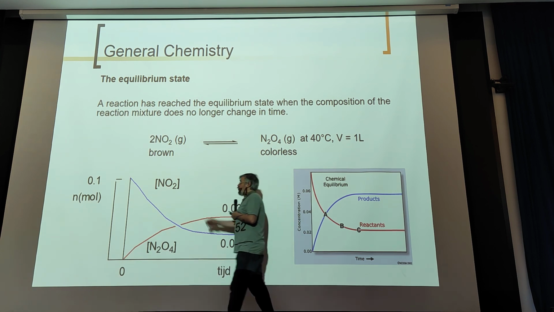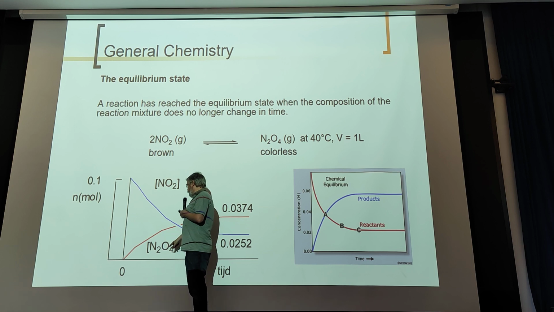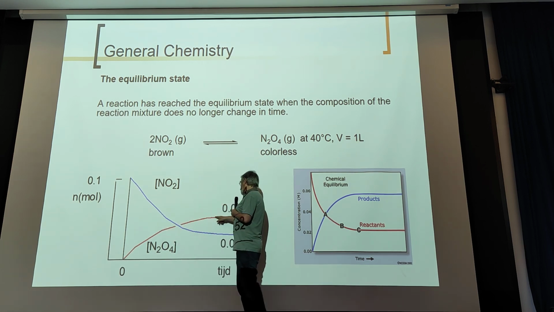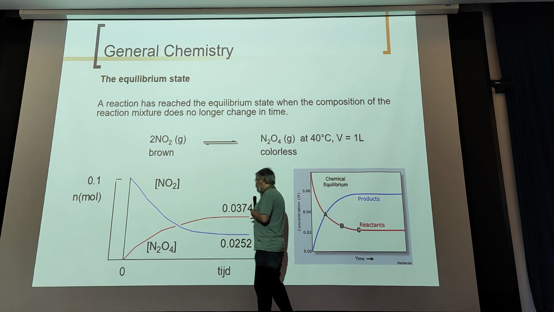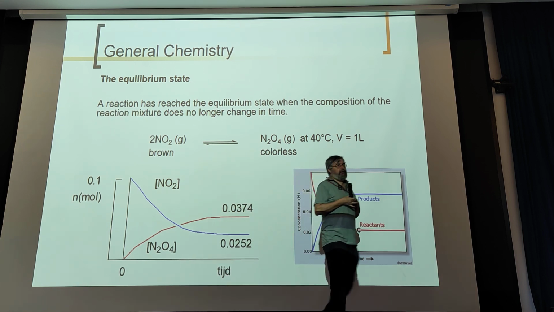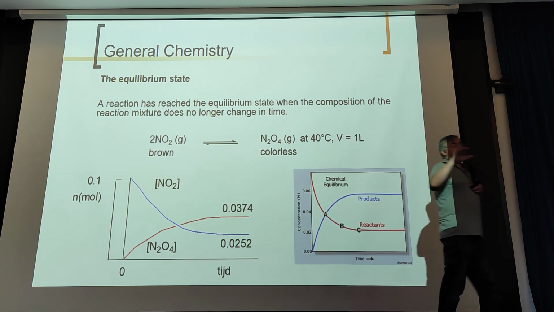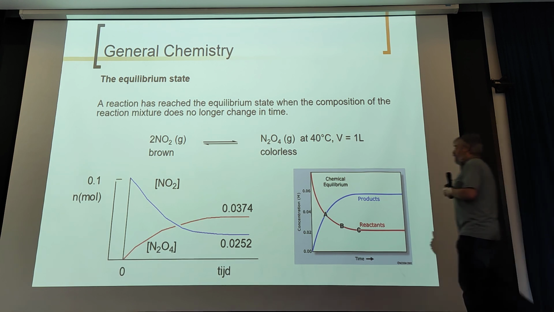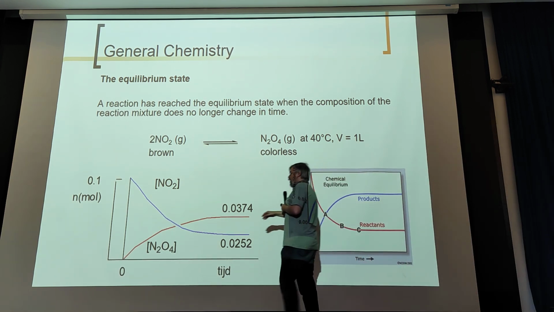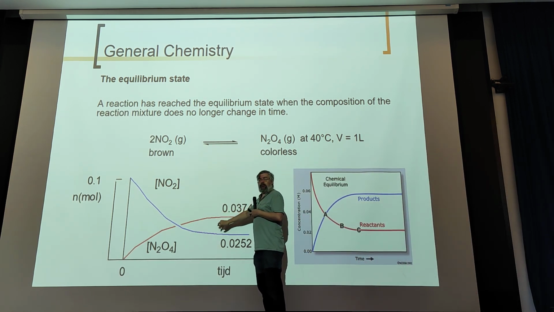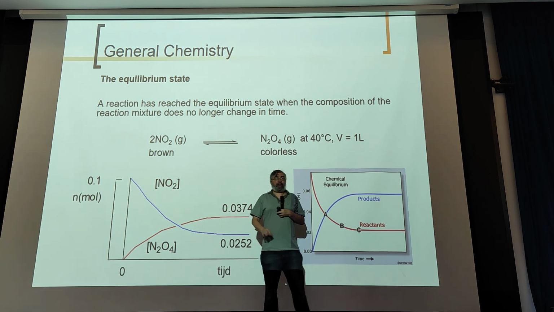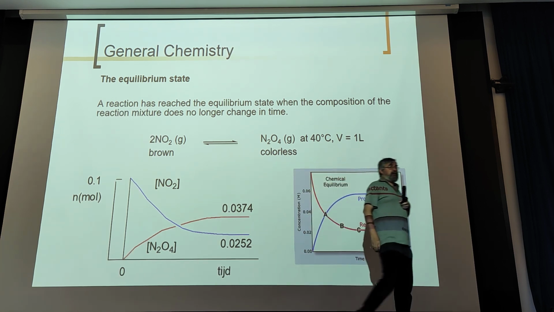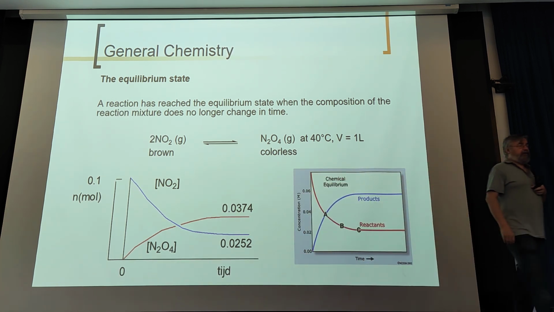When the NO2 is going down, the N2O4 is going up, but also here at the same moment, it has reached a plateau, a certain level, and that's it. As you can see, about this point, we have reached the equilibrium state. No further changes of reactants and products.